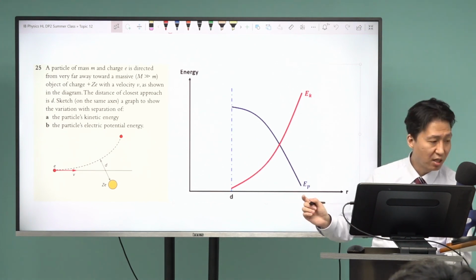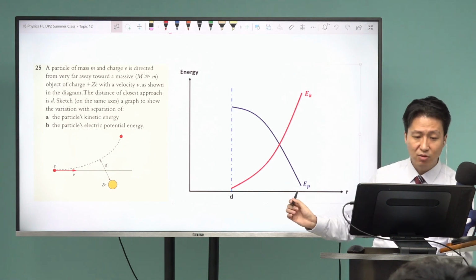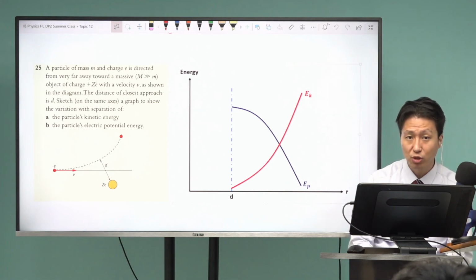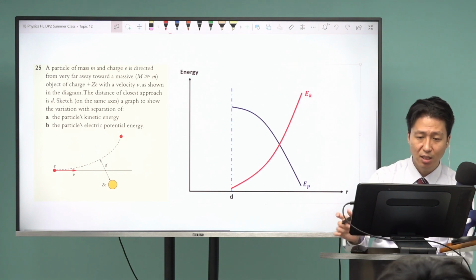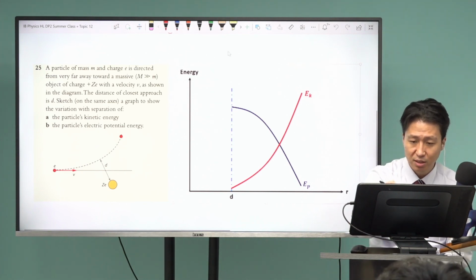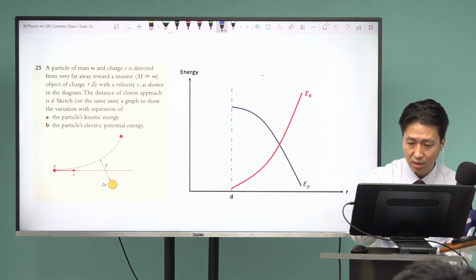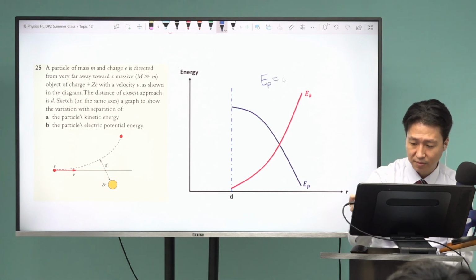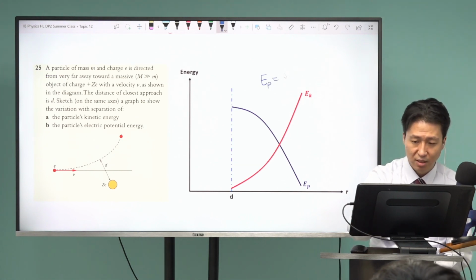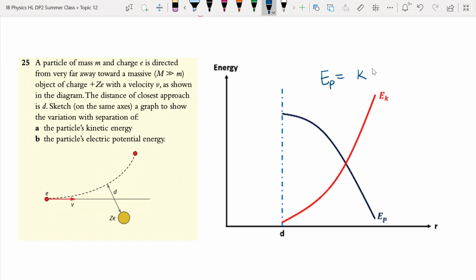The exact shape it should actually have: we know the equation for potential energy for two charges. The potential energy equation, EP, should have been Coulomb's constant, charge 1, charge 2 divided by r. This means it should go more in the shape like so.